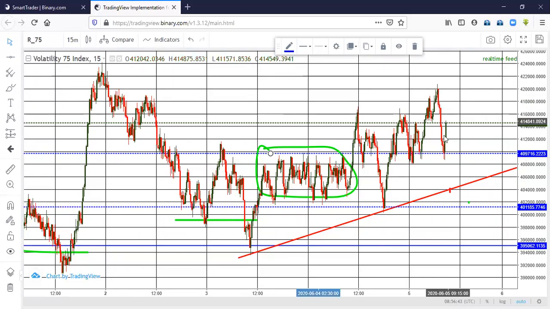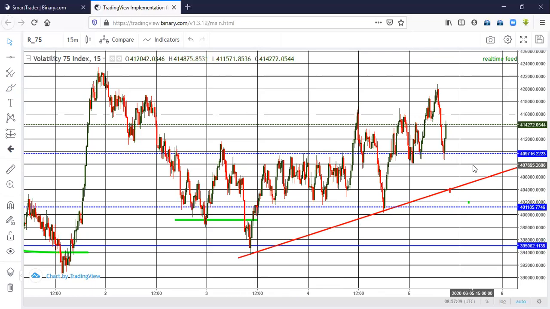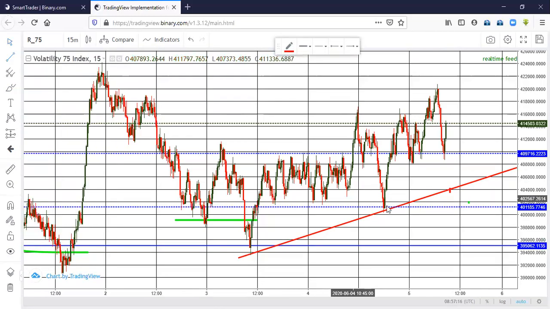So if we need to look for more or new trading points, depending on the change of the market direction or condition, we are able to plot a new trend line according to how the situation for the market is. We can see that the conditions for this market have changed from where we had plotted our line here to there. So we can draw our next trend line to touch 2 points.